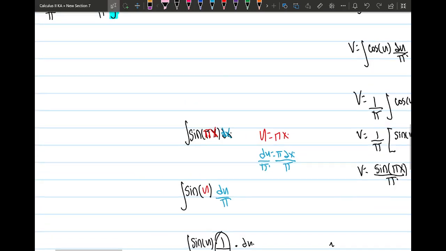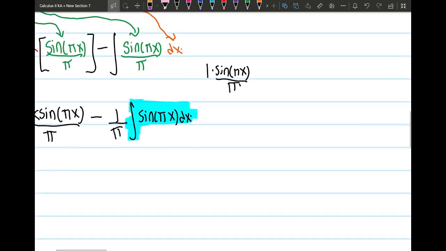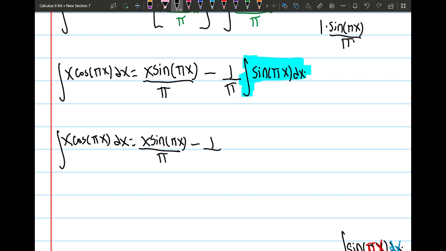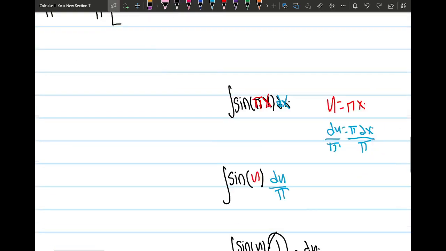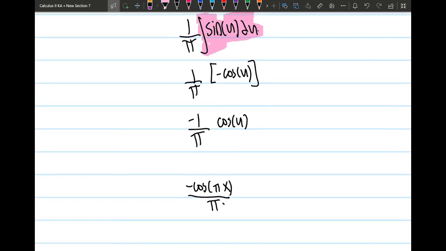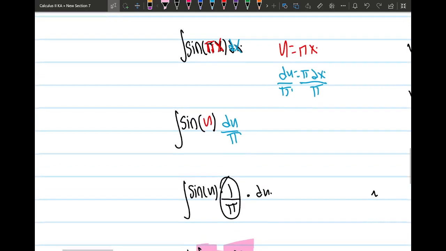So here, for the blue part, we know that in all, we're going to have the integral of x cosine of pi x dx is equal to x sine of pi x over pi minus 1 over pi times what we just said, which I think was negative cosine of pi x over pi, if I'm not mistaken.